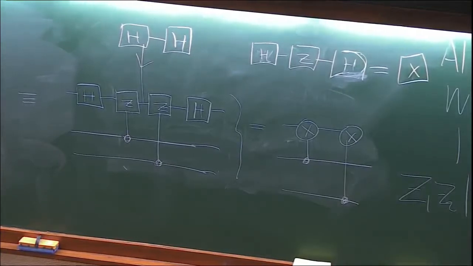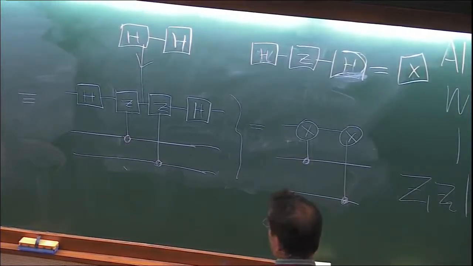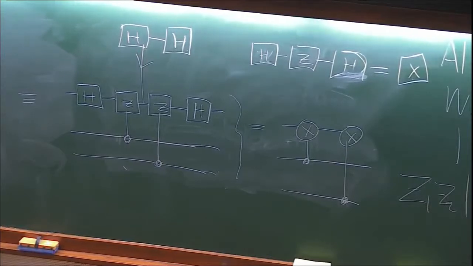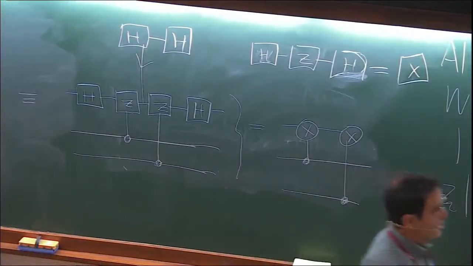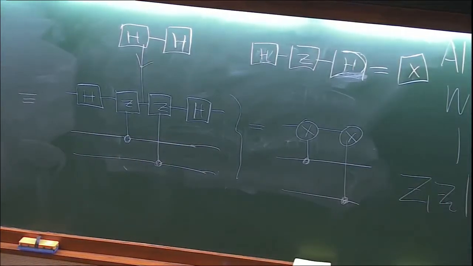So we're going to be thinking about stabilizers. This is the most convenient way of doing it. If you put in these Hadamards and the ancillas, then you just have to put the stabilizers in these double controlled, in this case, control Z gates. You measure X and Y, and they determine the eigenvalues of Z1Z2 and Z2Z3.